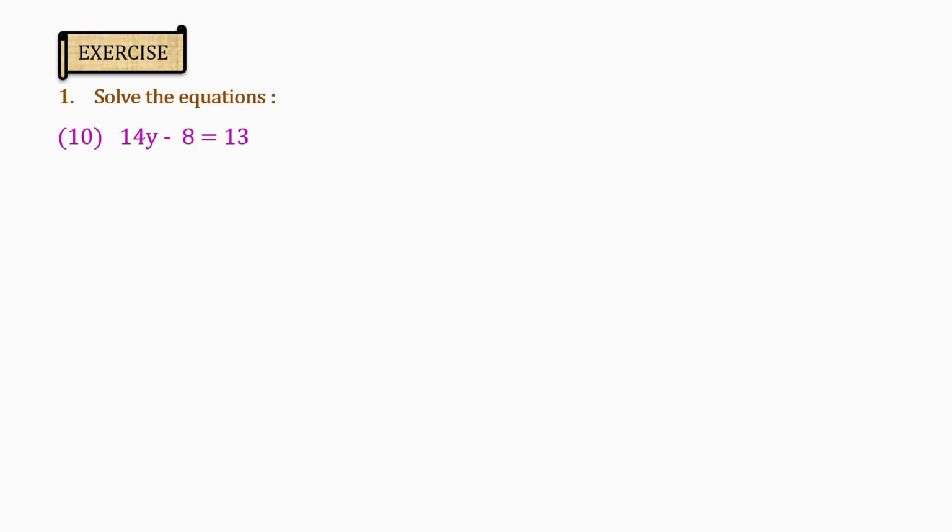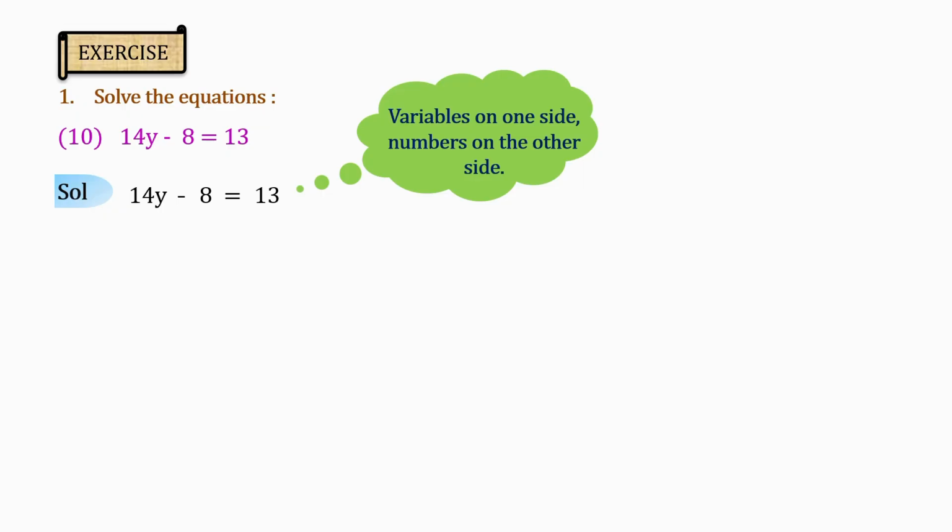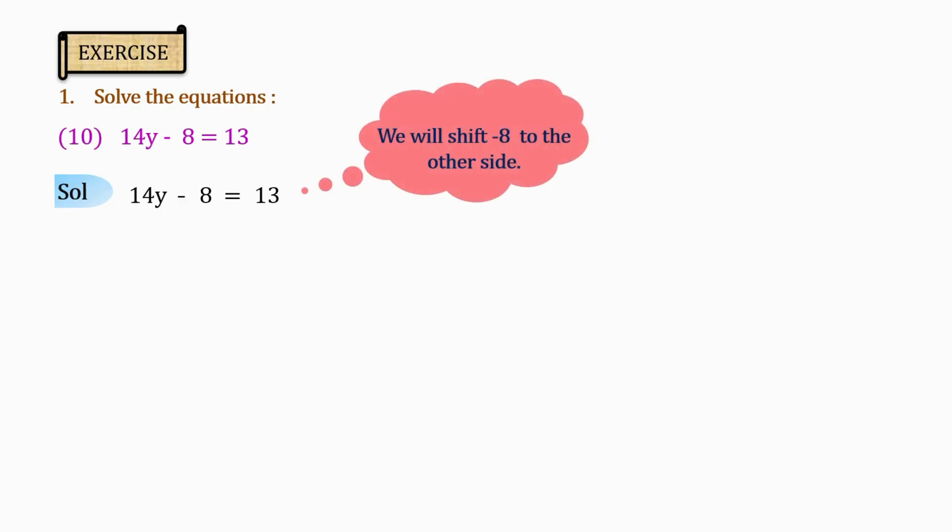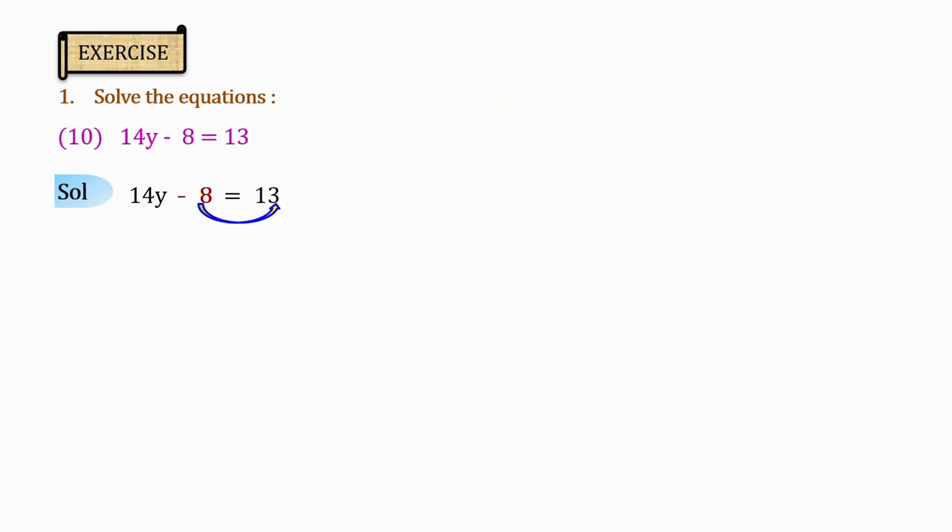Now let us solve more problems. 14y minus 8 equal to 13. Same rule, variables on one side, numbers on the other side. In this case, we will be shifting minus 8 to the other side. So now this minus 8 will become plus.